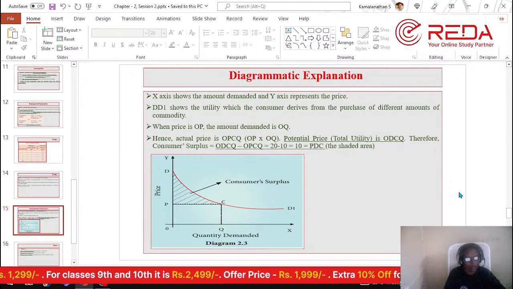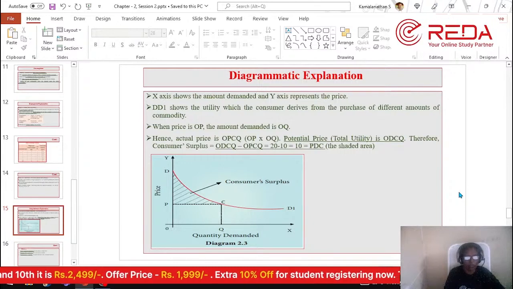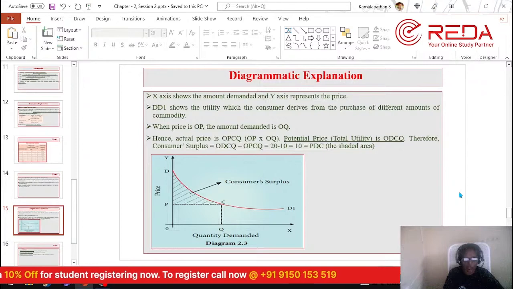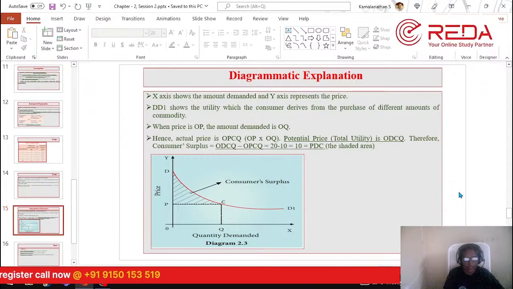When you plot all the points in the graph, what will happen? You see the price level of the commodity always remains constant, that is from 0 to P level. And what is the quantity demanded?